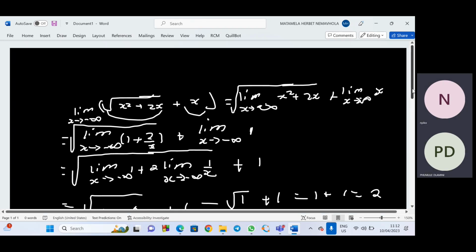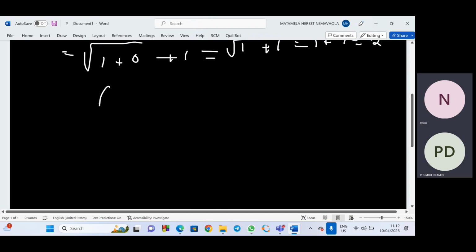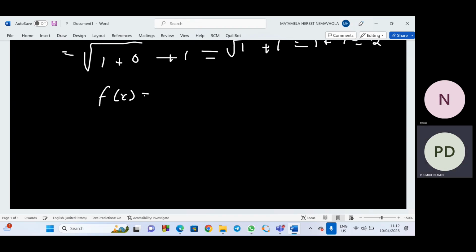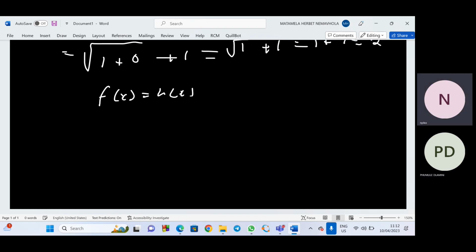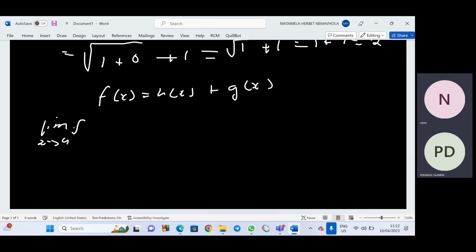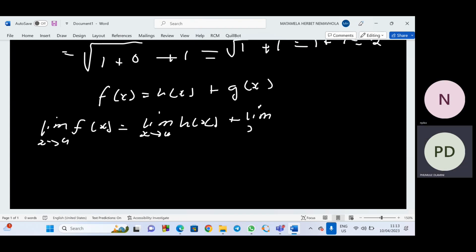According to the limit laws, if you have f of x equals h of x plus g of x, then when we find the limit as x approaches a of f of x, this equals the limit as x approaches a of h of x plus the limit as x approaches a of g of x.